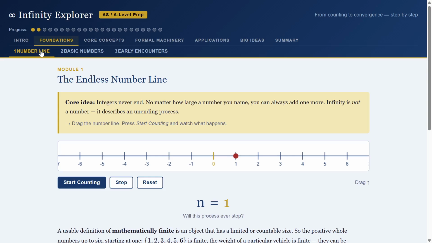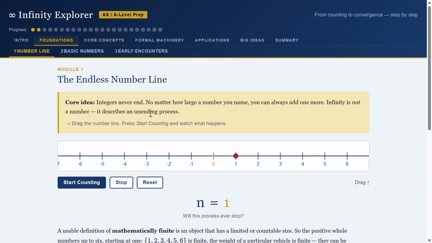And quite quickly we become aware that we can keep on adding 1 to any whole number, any integer, and get another number which is bigger, and then add another one and another one. Everybody, I would say, gets caught by this idea and this challenge that the numbers never end.